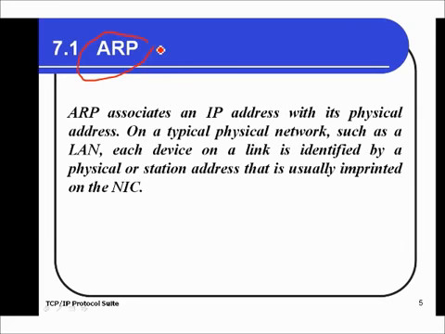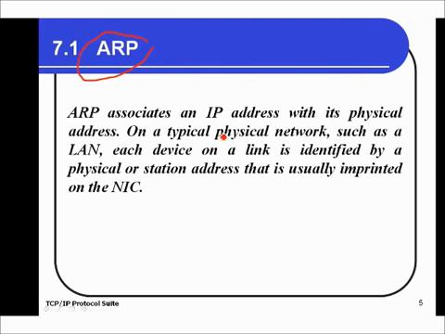ARP. Here we explain in detail the Address Resolution Protocol. To find the physical address of the next hop on the network, an ARP query packet is sent. The packet includes the physical address and IP address of the sender and the IP address of the receiver.